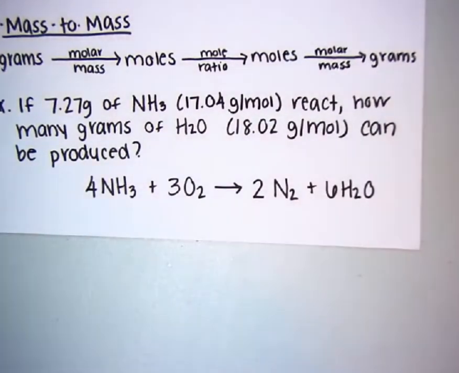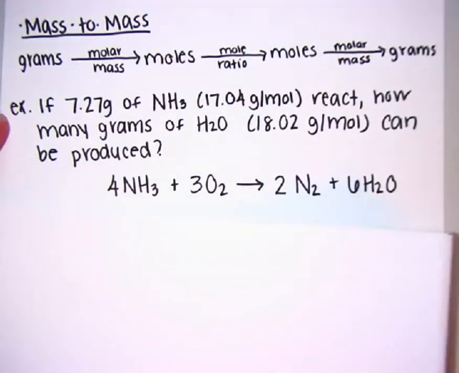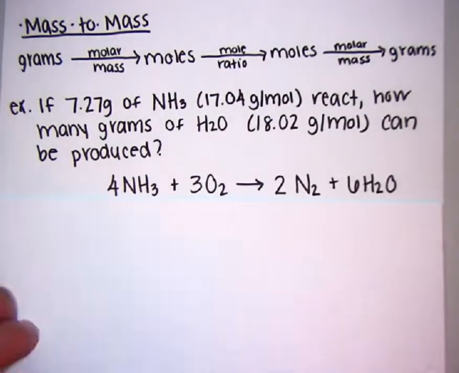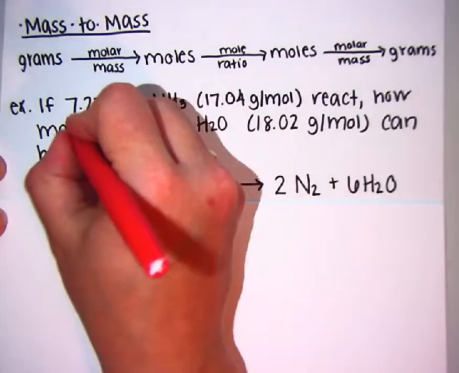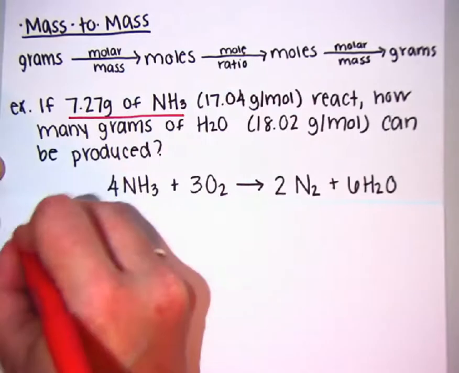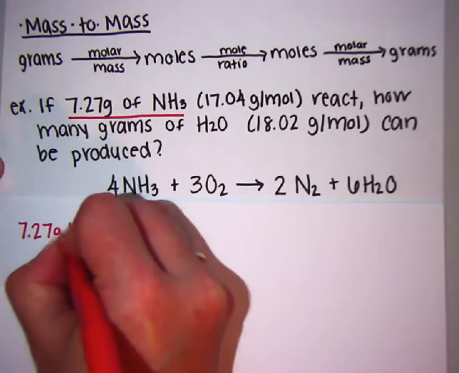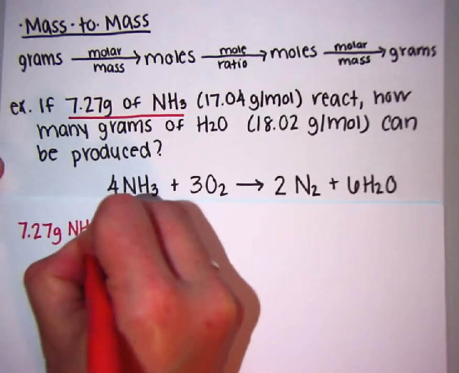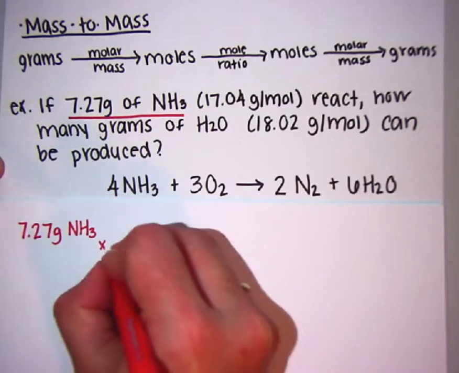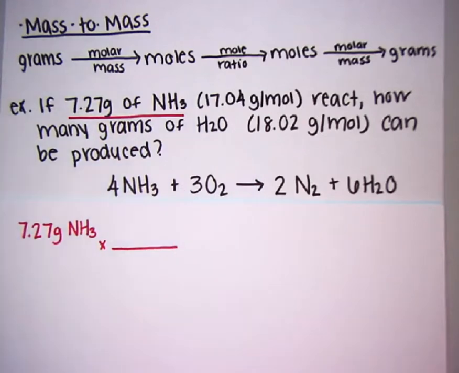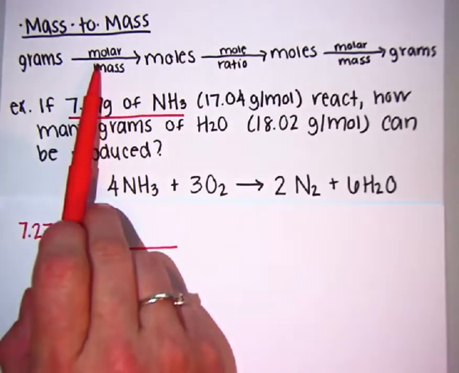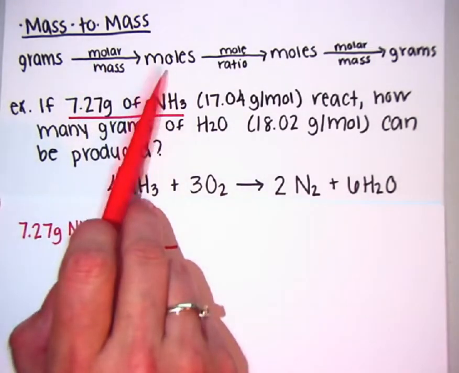So, just like any other conversion, whether it's 1-step, 2-step, 3-step, the process is always the same. Start with the given. We are given 7.27 grams NH3. Think about your conversion factors. If you're starting with grams, the only thing we can do is plug in molar mass to get to moles.